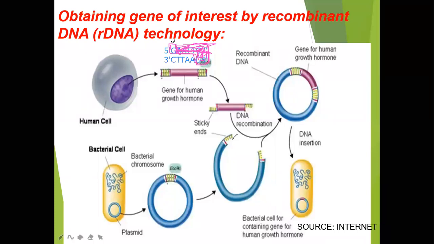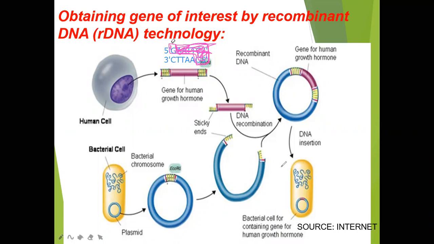DNA ligase is the enzyme which is going to join our desired DNA fragment, which has our desired gene, into the foreign DNA, or you can say the vehicular DNA or a plasmid. Now this plasmid, this DNA becomes what? Recombinant DNA. Now introduce this DNA in the host.